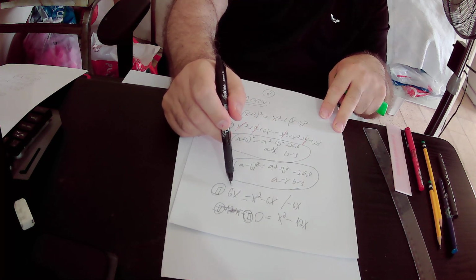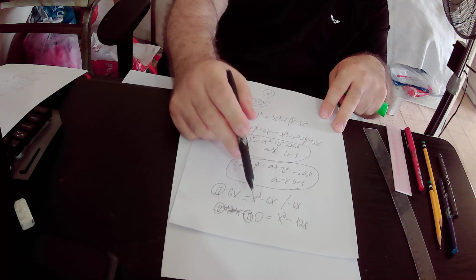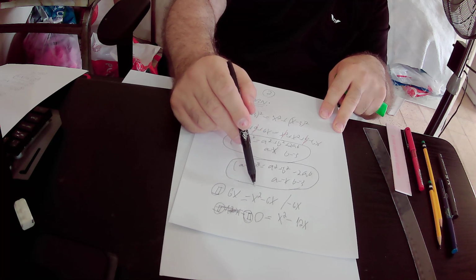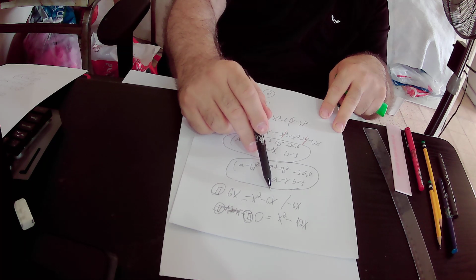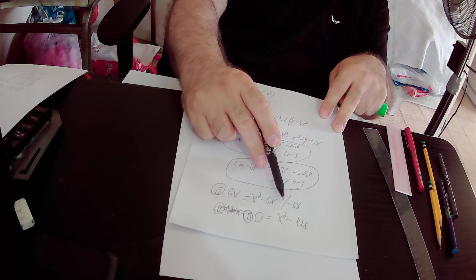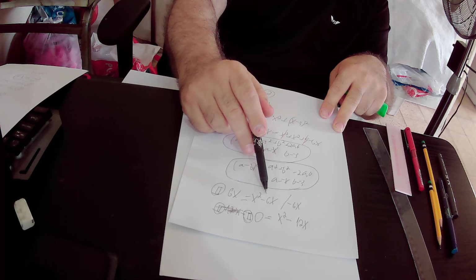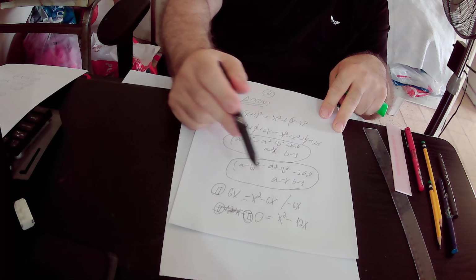So 6x minus 6x equals 0, and x squared minus 6x minus 6x equals x squared minus 12x, because minus 6x minus 6x equals minus 12x.